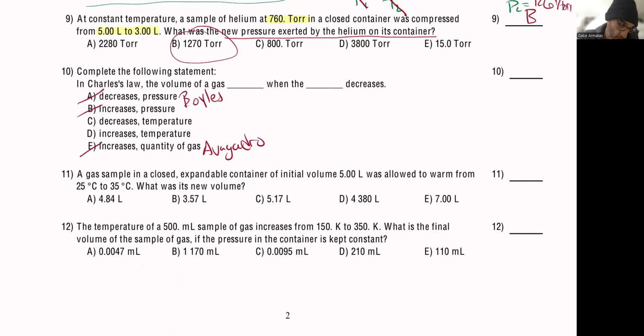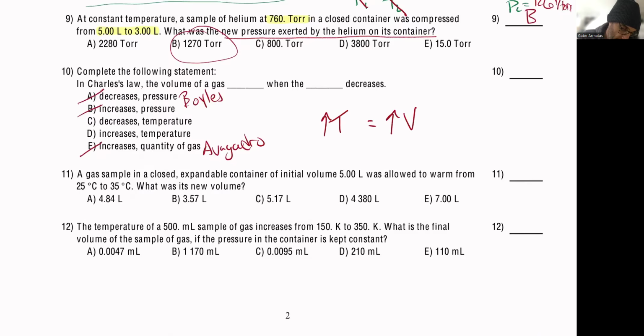So if the volume of a gas, let's just look at the relationship, ignore the question. If I increase the temperature, we should see an increase in volume. They should be directly related. One goes up, the other one goes up.